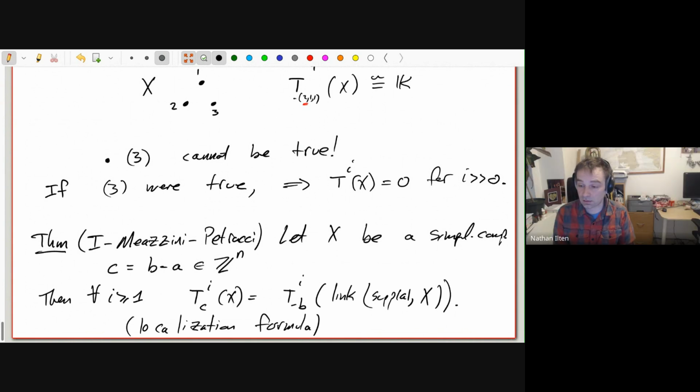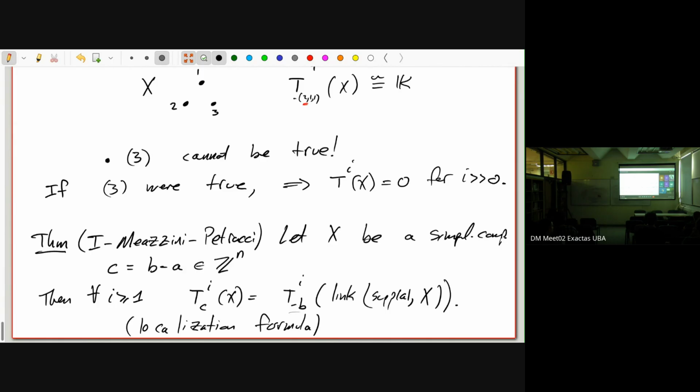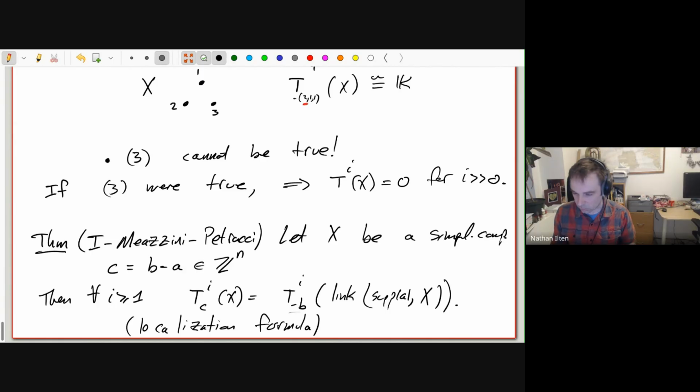Okay, and so this is a really powerful tool. It allows you to reduce to the case of weights that are non-positive, which is a very useful thing. And when you're doing this reduction, by moving to these links, you're always moving to subcomplexes of your original complex.